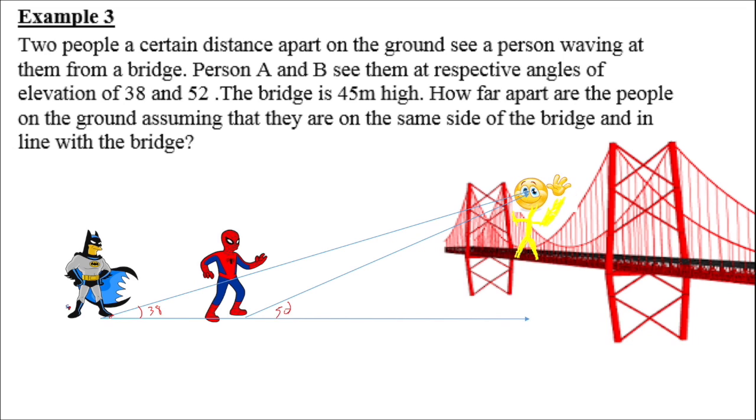And this one's going to be 52. It's hard to tell by just looking, but just think about it. The closer I get, the larger my angle is going to get, right? If I'm right under, it's 90. Then it gets smaller and smaller.